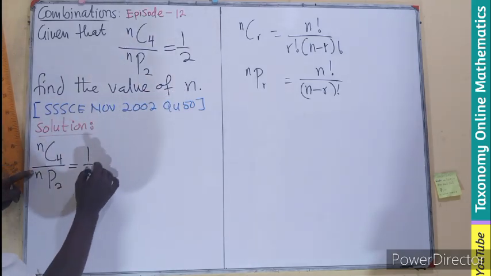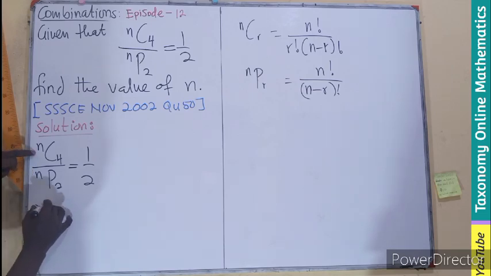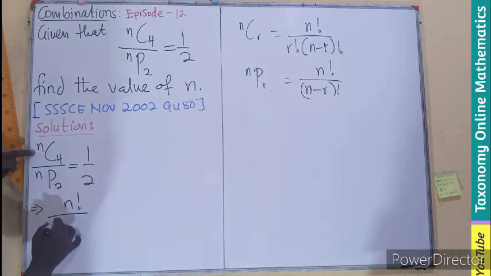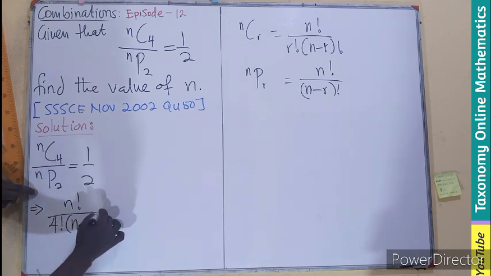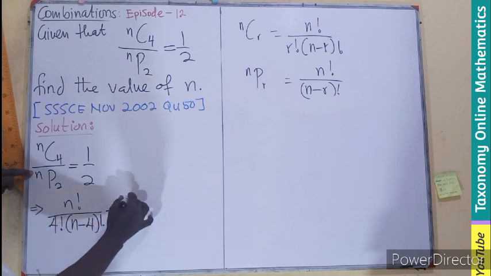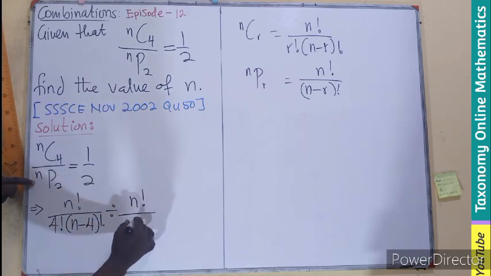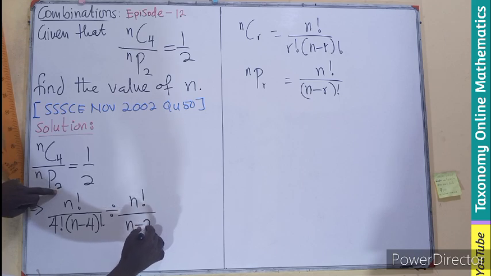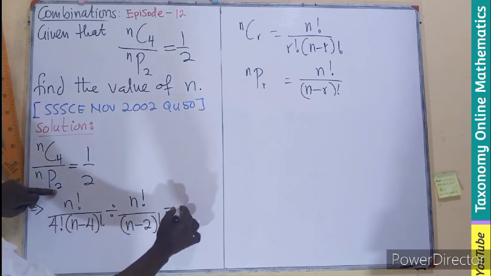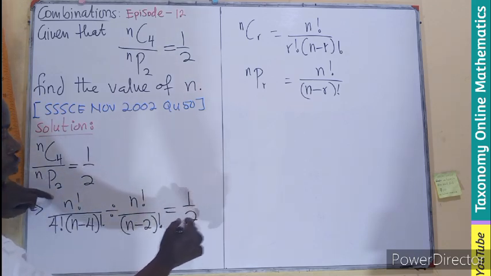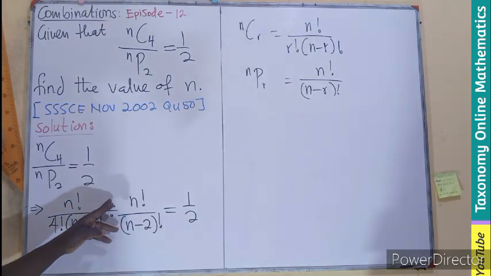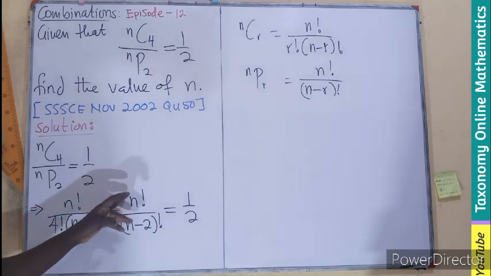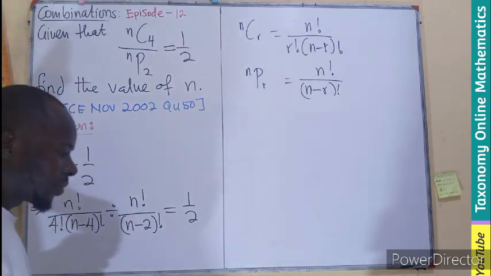So this becomes n factorial over r, which is 4 factorial, times n minus r factorial, divided by n factorial over n minus r factorial, still equals 1 on 2. You remember division of a fraction will be turned to a multiplication. We reciprocate the second fraction.